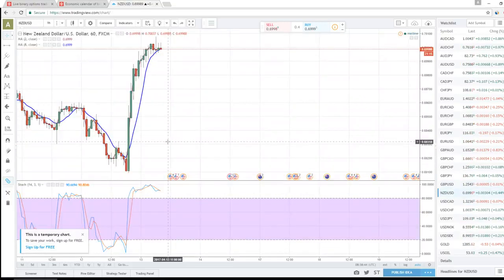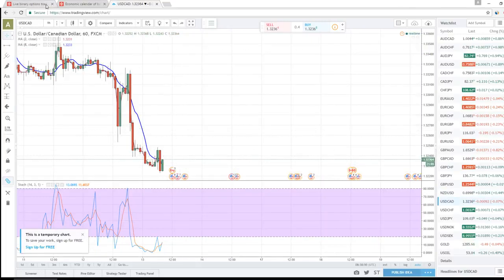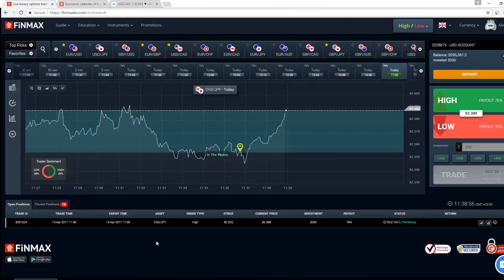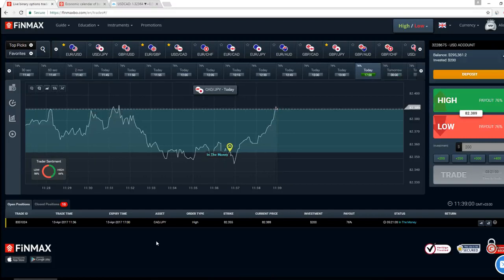So for the current moment I only see the option to enter for our trade that we have for Canadian to Japanese yen, and we will see how it's gonna expire, how it's gonna end.